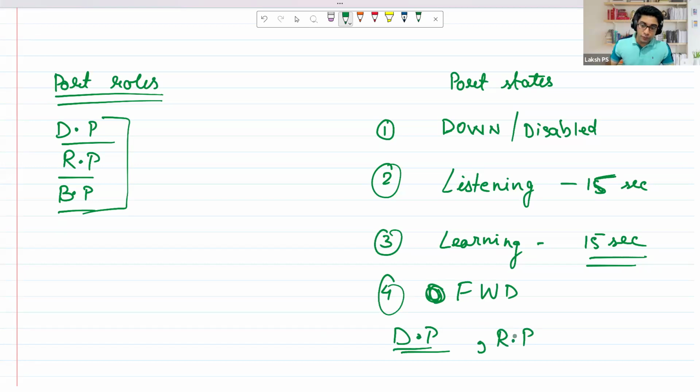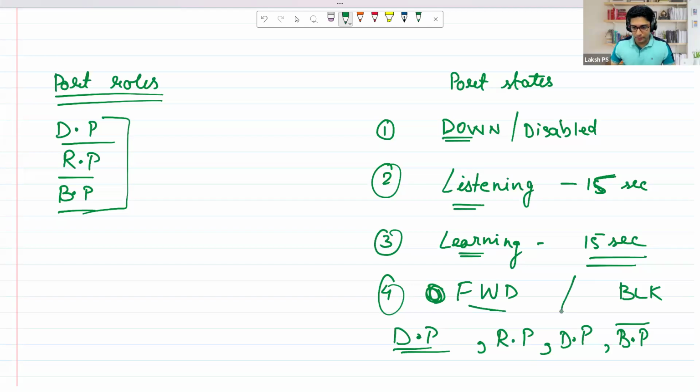One of the interfaces of the non-root switch may go into a designated port, and one or more interfaces of the non-root switch may go into a block port. But when it is in the block port role, it goes into a blocking state. So you have 4 states basically: down, listening, learning, then forwarding or blocking state.